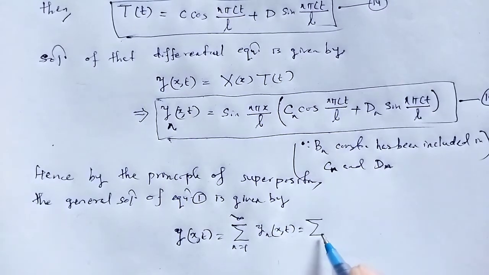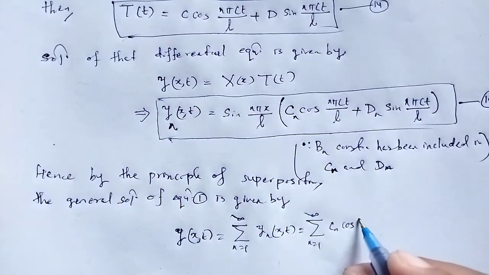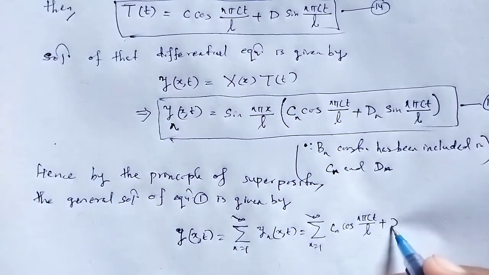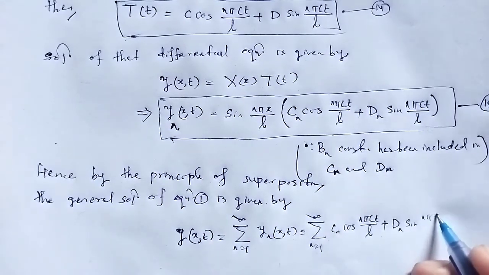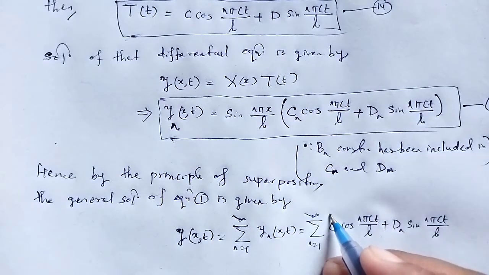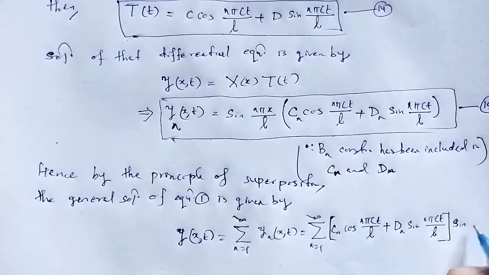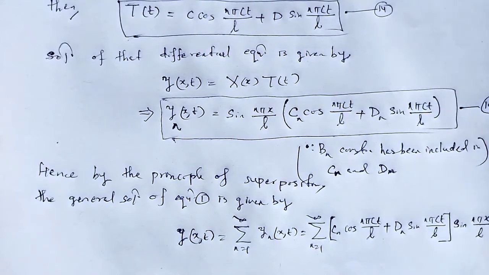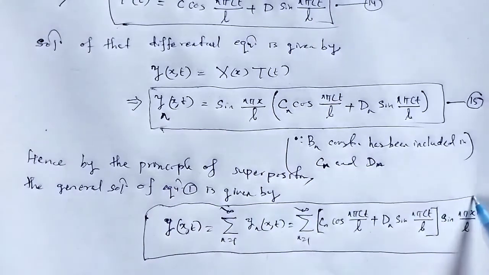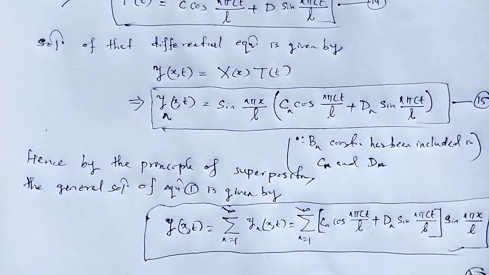That means summation over n is equal to 1 to infinity of Cn cos n pi ct by L plus Dn sin n pi ct by L, into sin n pi x by L. This is the general solution of the first equation. This one is equation number 16.